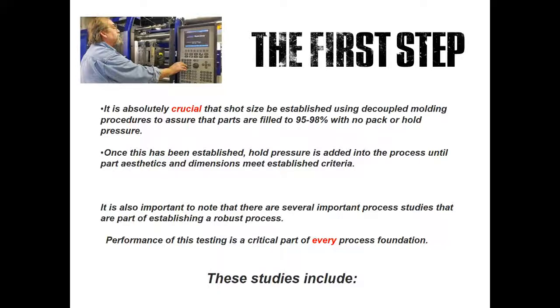It's important to note that there are several important process studies that are also a part of establishing a robust process. Performance of this testing is a critical part of every process foundation, and these studies include.